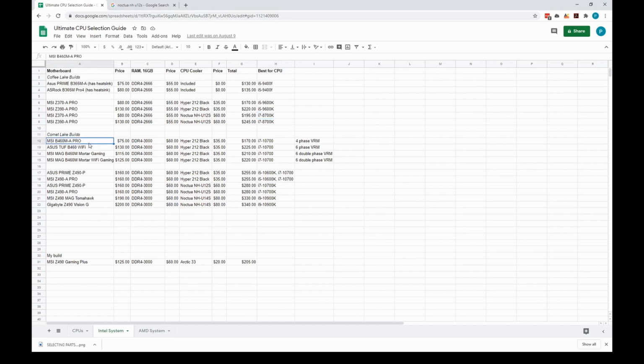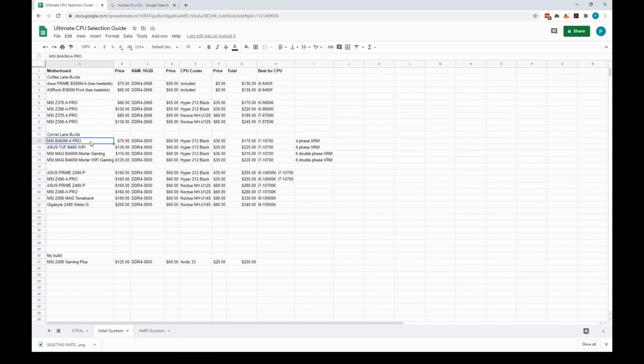Now the Comet Lake builds. I used the i7 10700 in my personal rig. This processor has 8 cores, 16 threads, and it's not overclockable, but it can boost up to 4.6 gigahertz. It works for me. I have a few options here for the motherboard.